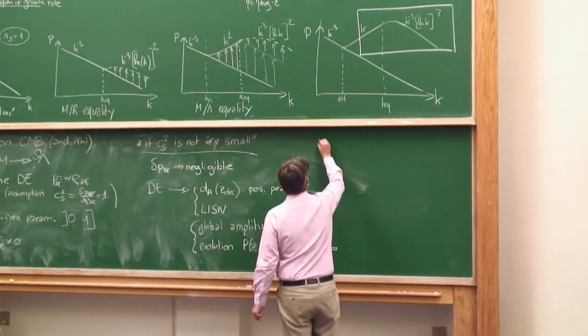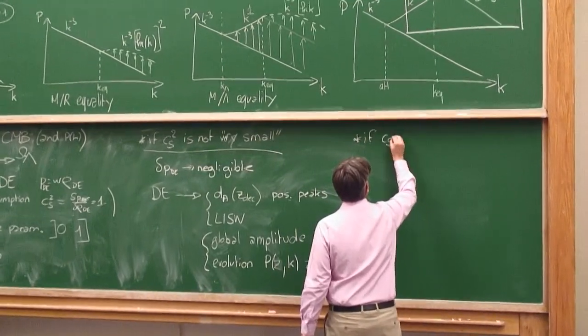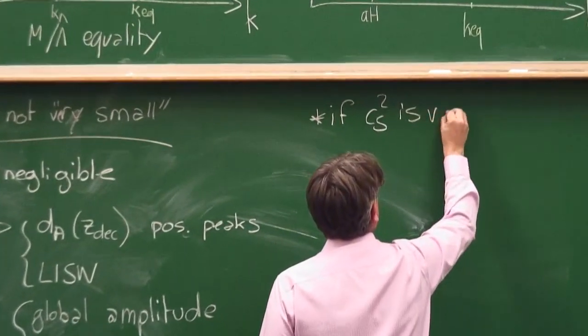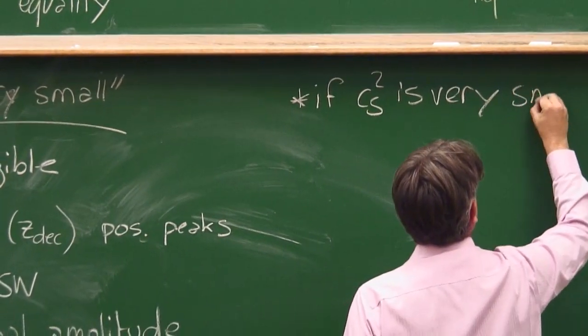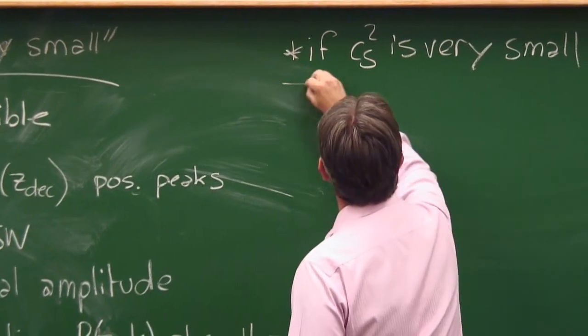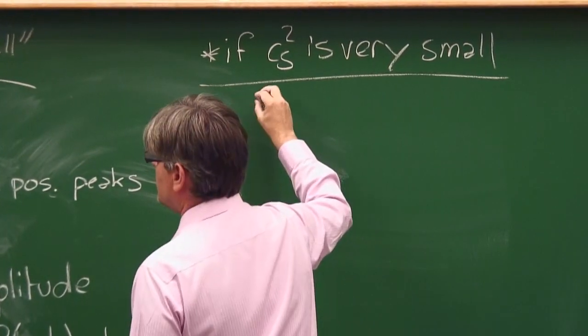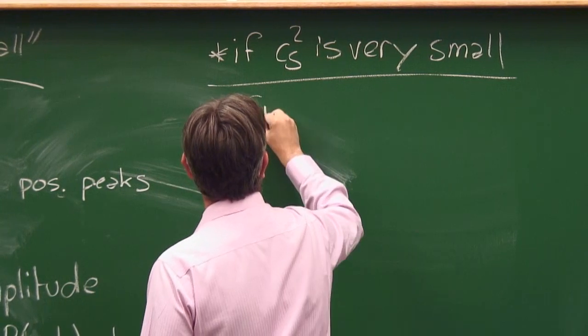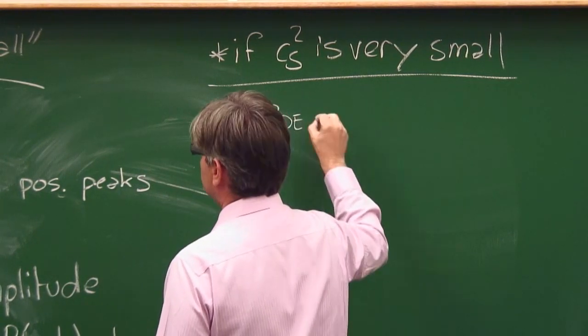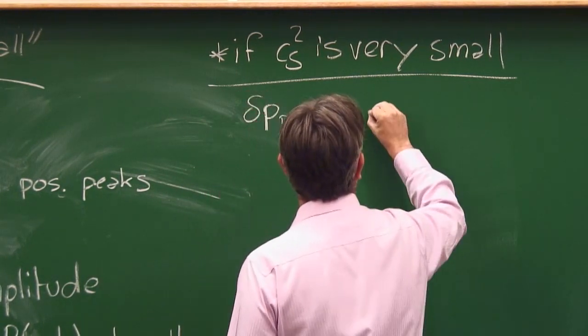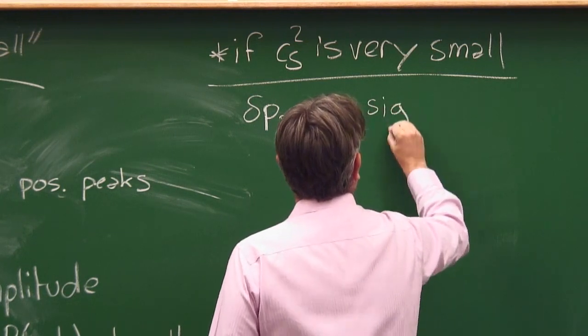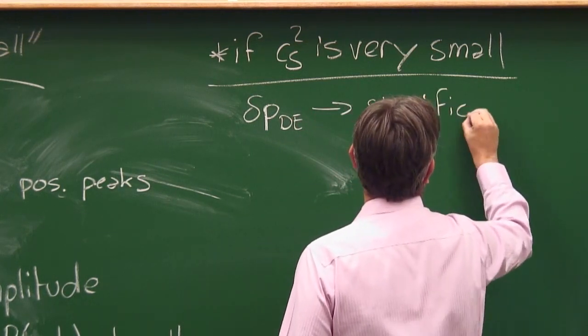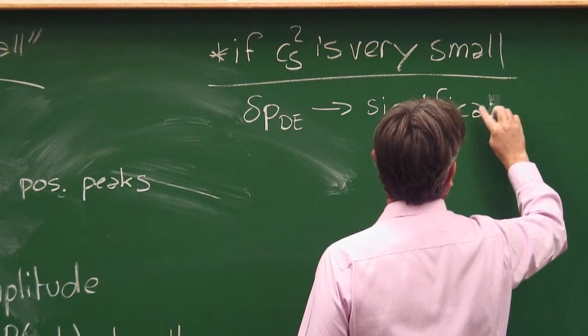If c_s is very small, then in this case you get some sizable dark energy perturbations thanks to the Jeans instability. And then it changes significance.